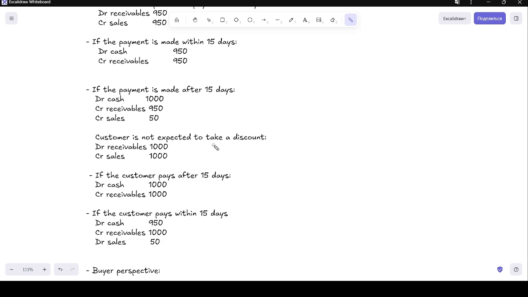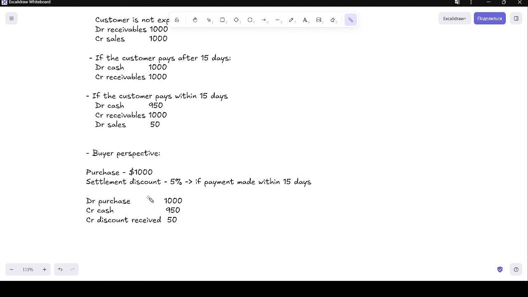Another situation, the customer is not expected to take a discount. In this case, it will be $1,000 on the receivable side, and credit side also $1,000, because you are expecting that the customer is not able to take a discount. If the customer pays after 15 days, there is no problem. The double entry will be the same. But what happens if the customer pays within 15 days by taking the advantage of the discount?